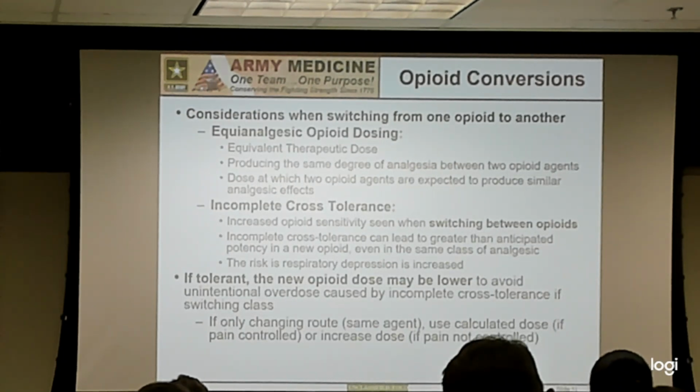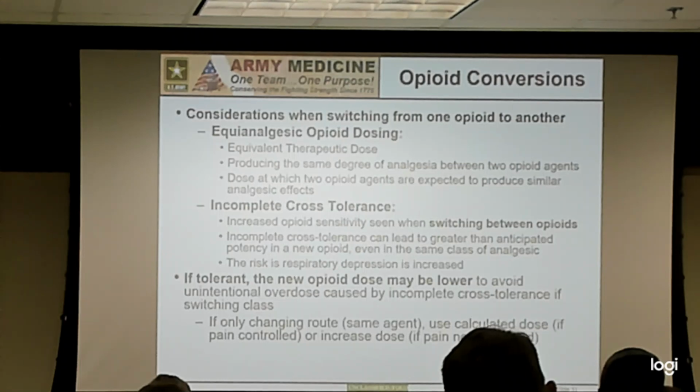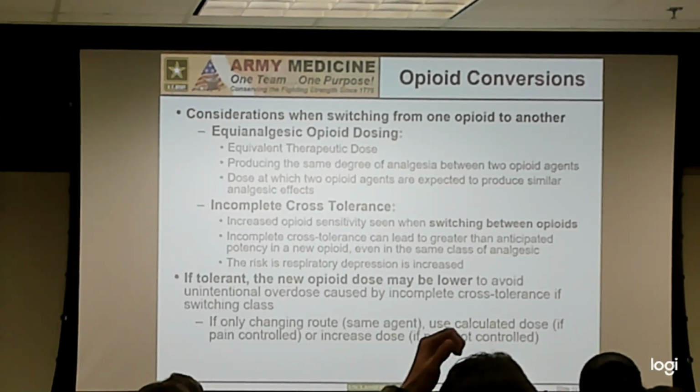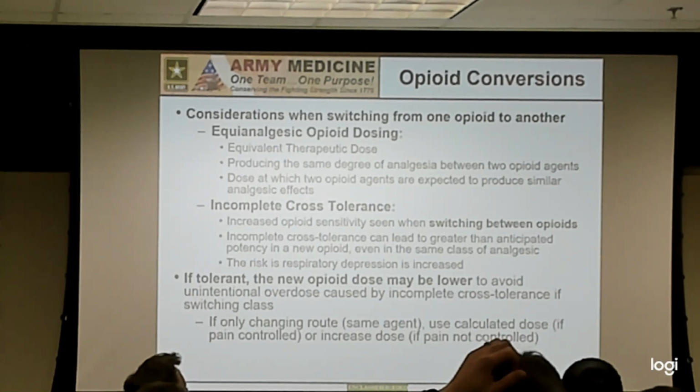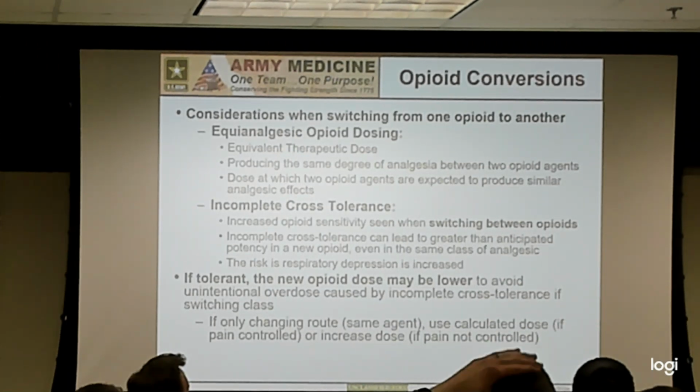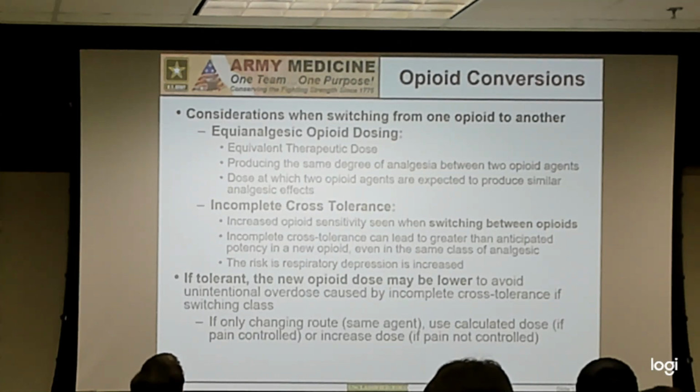So when you're switching from one over another, the biggest thing that I want you to take away from this slide is that we're mainly going to be looking at our full opioid agonists, because of the other ones being partial or mixed, we don't know how they're going to act, right? So the conversion factor that they have is sometimes a hit or miss.